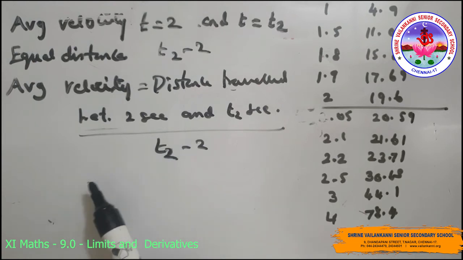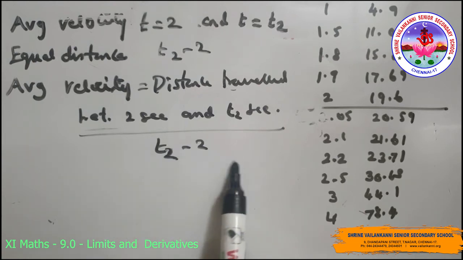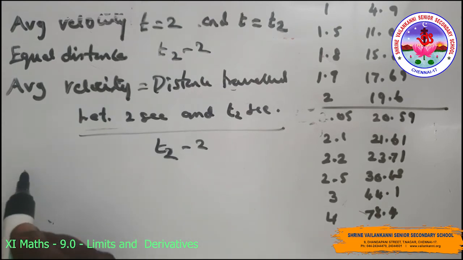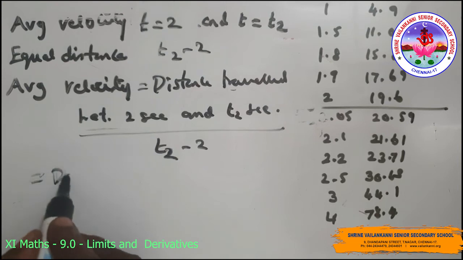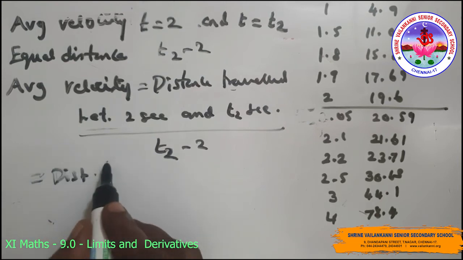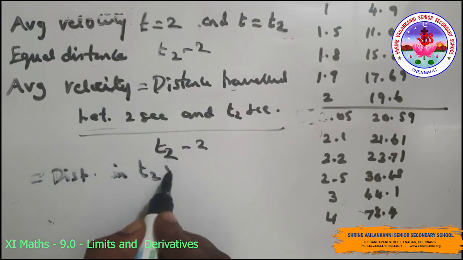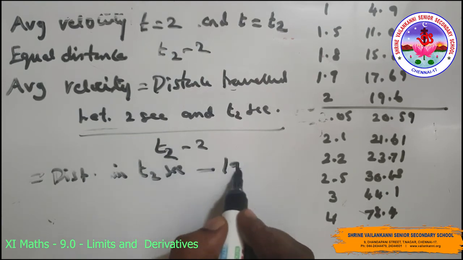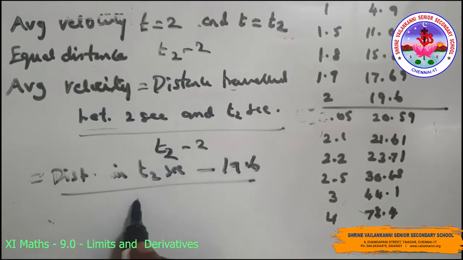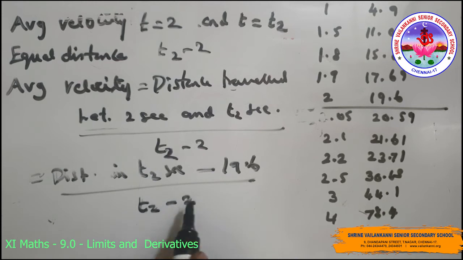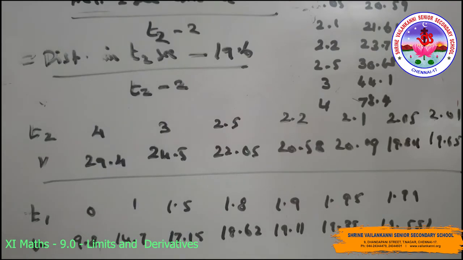That is, the distance traveled in t2 seconds minus the distance traveled in 2 seconds, which is the distance traveled in t2 seconds minus 19.6, divided by t2 minus 2. So this table gives the average velocity in meter per second between t equal to 2 seconds and t2 seconds.